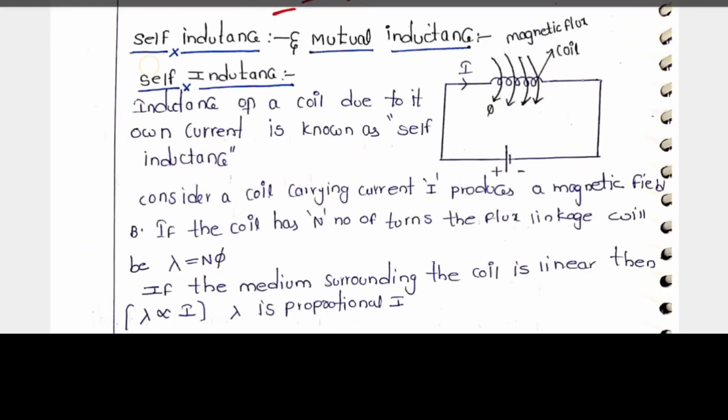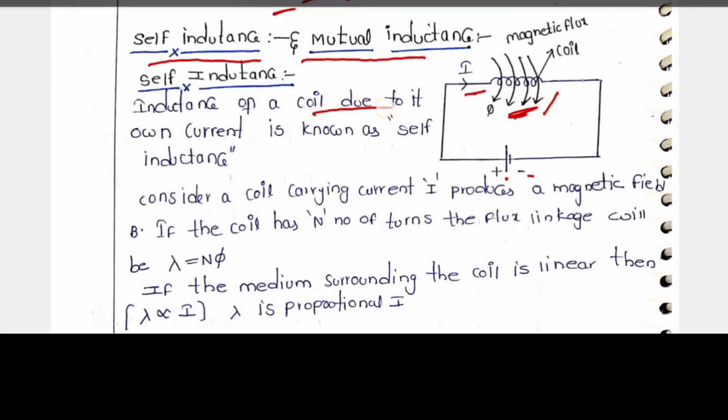Now we go for self-inductance and mutual inductance. Unit 4, self and mutual inductance, is another topic. These are basic concepts you already studied previously. What is meant by self-inductance? When a coil is supplied with positive or negative DC voltage, magnetic flux will be created because of the flow of current.